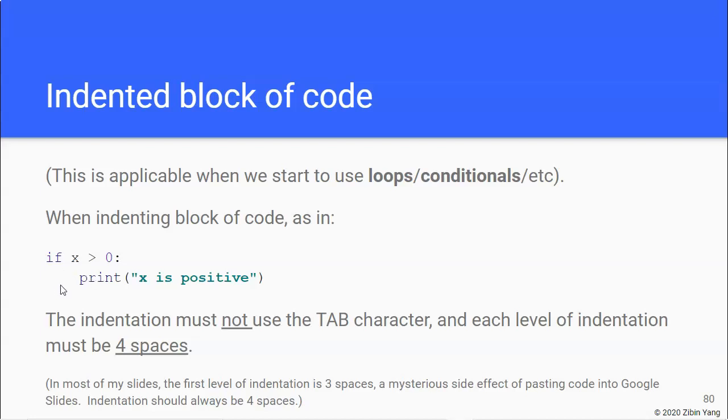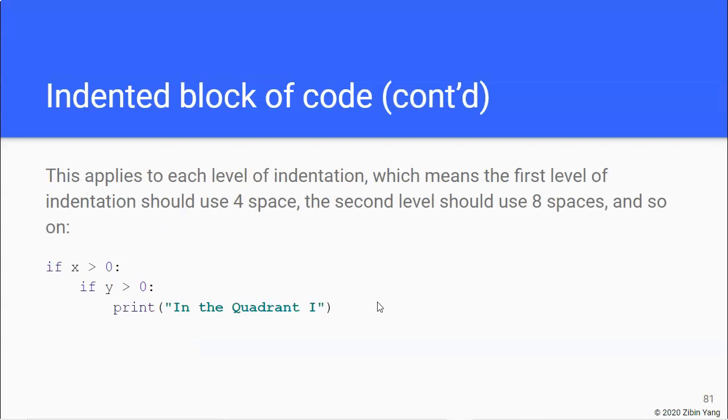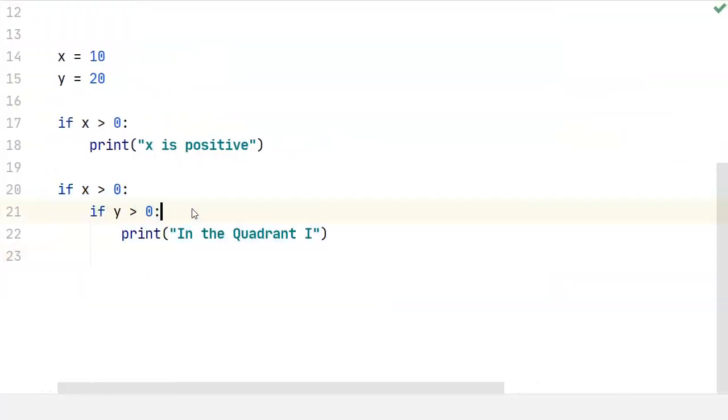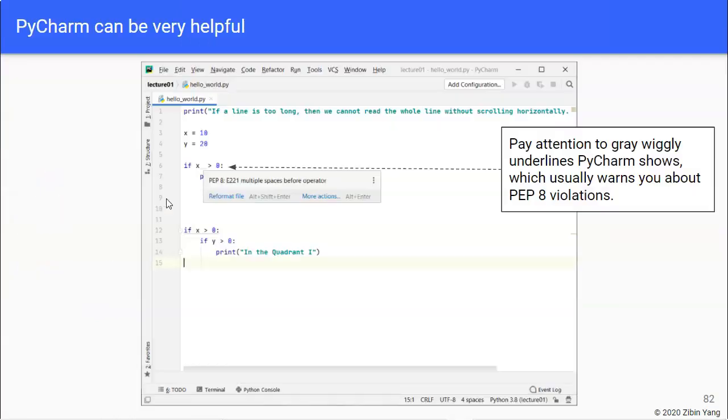But in your actual Python code, use 4 spaces for 1 level of indentation, always. And if you have nested conditionals, nested loops, conditionals nested inside loops, so you have multiple levels of indentation, then each level of indentation should have its own 4 spaces. So the first level of indentation is 4 spaces, the second level is 8 spaces, and so on and so forth.